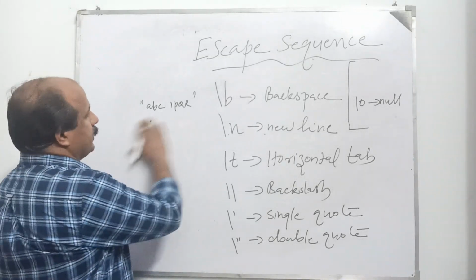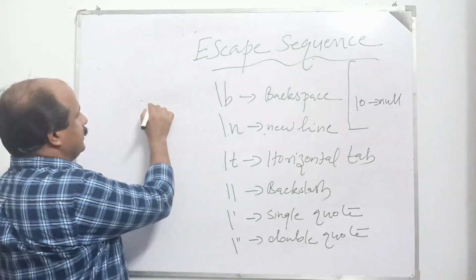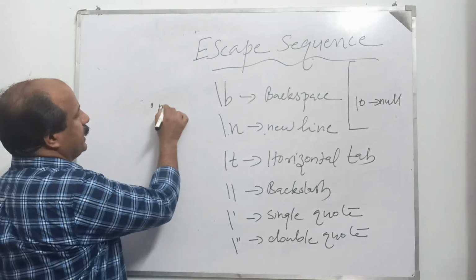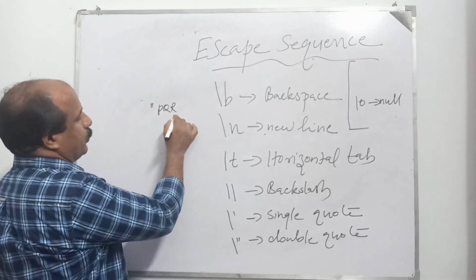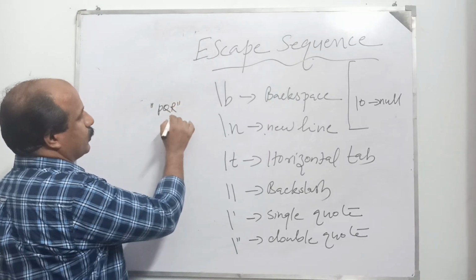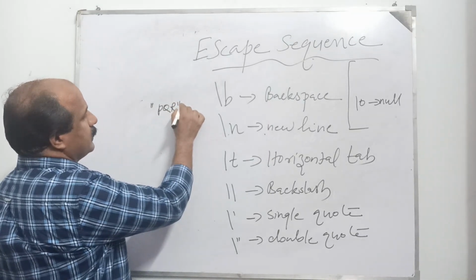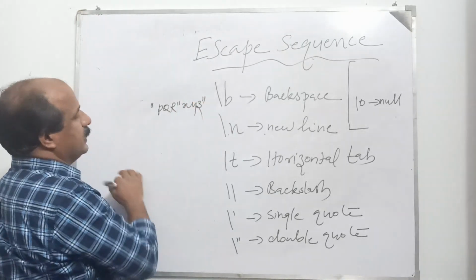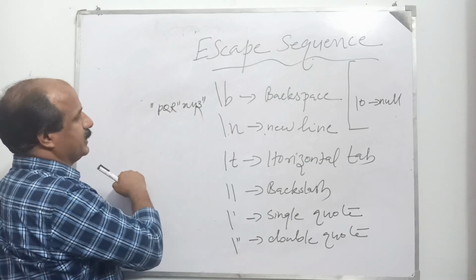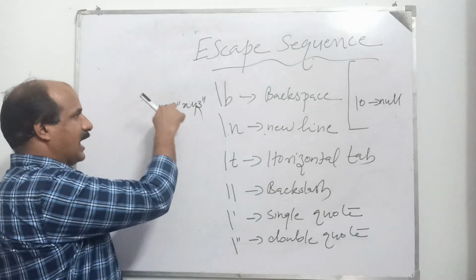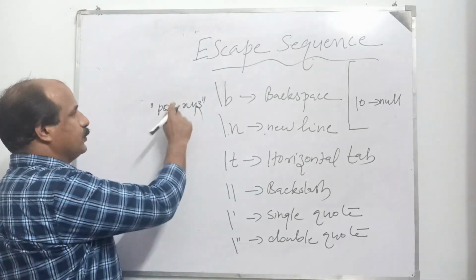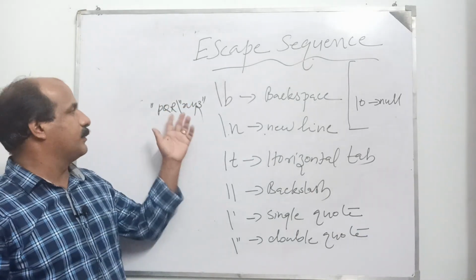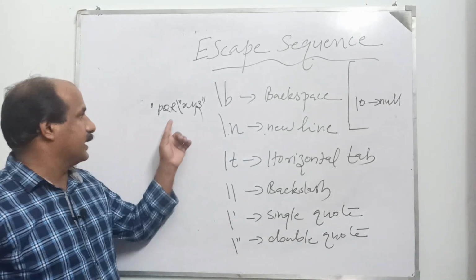Now, you are writing a string, like P, Q, R, here you put double quotes, and X, Y, Z you write. Now see, this has a special meaning. If you want to print this as the particular symbol, then you have to write it like this, so the original double quote will be printed in its place.